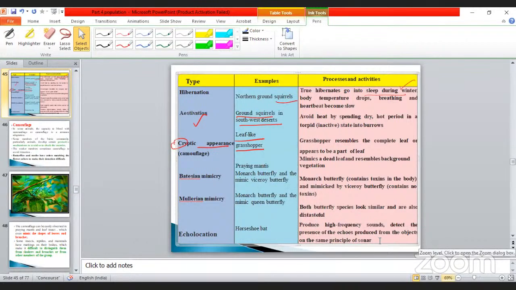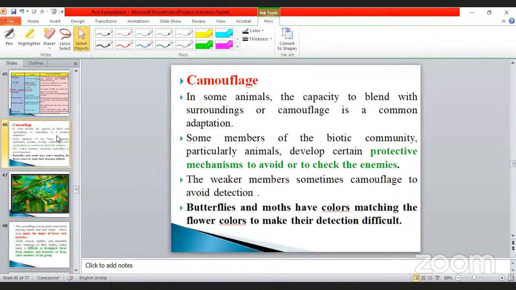Sonar. It's nothing but ultrasonic rays. It passes, and when it reaches the object, it comes back, isn't it? They receive the signal and can fly towards it. Next important one, we will finish it up to this level, my dear students.